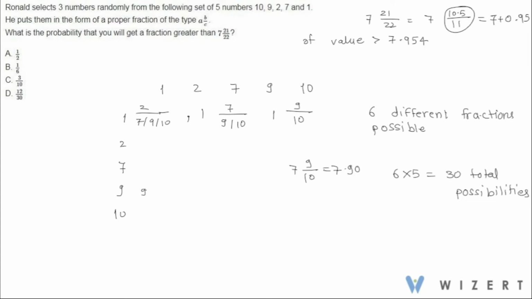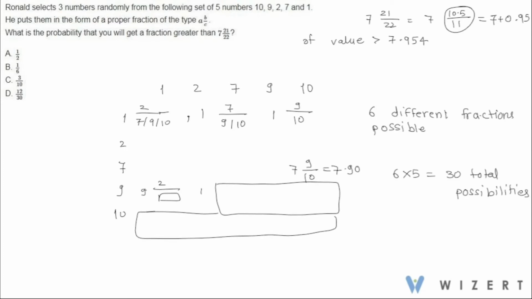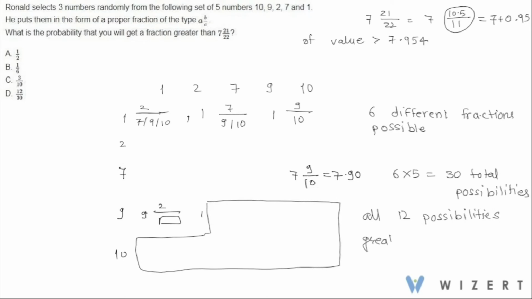So 9 integer 2 by anything, 9 integer anything by anything is going to be larger. Also all the 6 possibilities for 10. So all 12 possibilities greater than 7 integer 21 by 22.